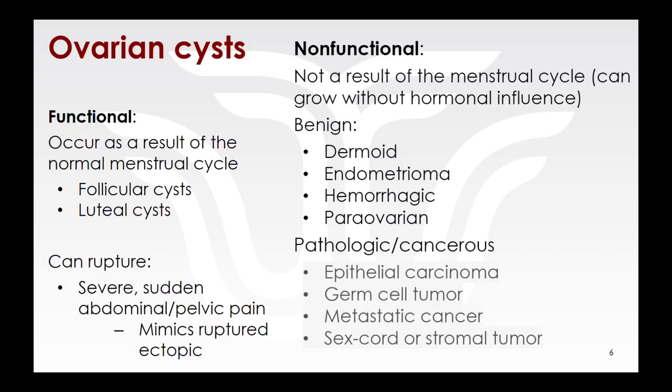Typically, the classic story is of someone who comes in from the ER telling you a story of a cyst that ruptured, and they may not know what happened or what their explanation is. But the classic story is they had horrible, sudden abdominal or pelvic pain, right? So maybe they were crampy and uncomfortable for a while, maybe even a couple of days, and then it got suddenly worse.